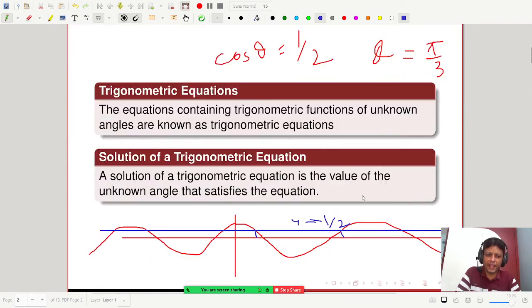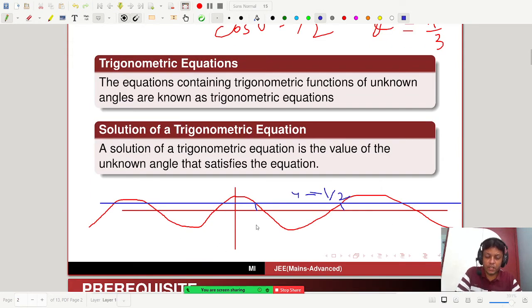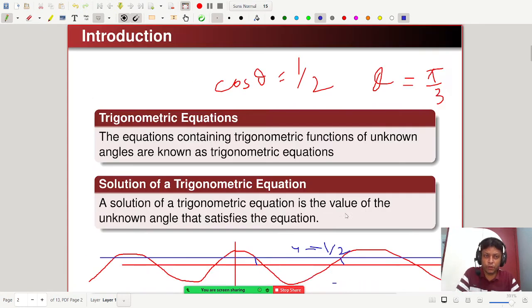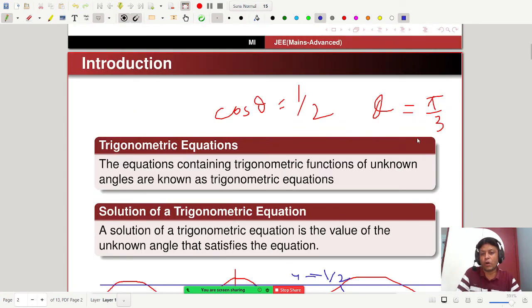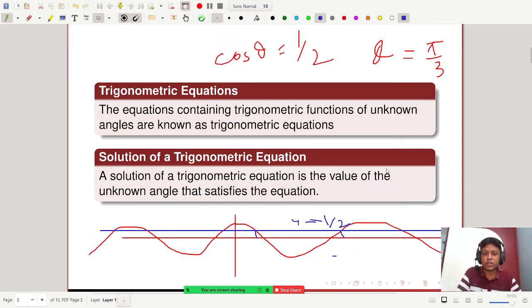There are so many angles for which cos theta is equal to half: pi by 3, 2 pi minus pi by 3, 2 pi plus pi by 3.